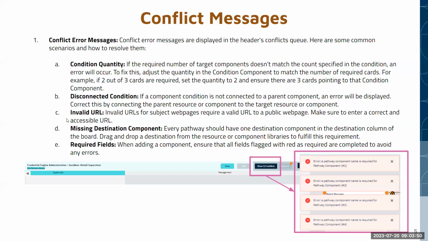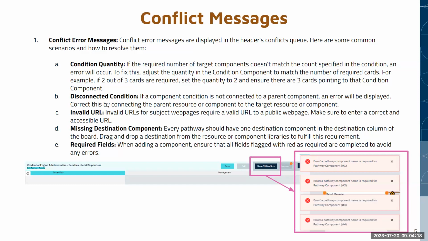Invalid URLs. You will include URLs, mostly optional, for describing your pathway and for creating your pathway components. If you do enter a web page and the web page is not a valid URL, you will get a conflict message. The conflict message would tell you which component needs to be corrected.